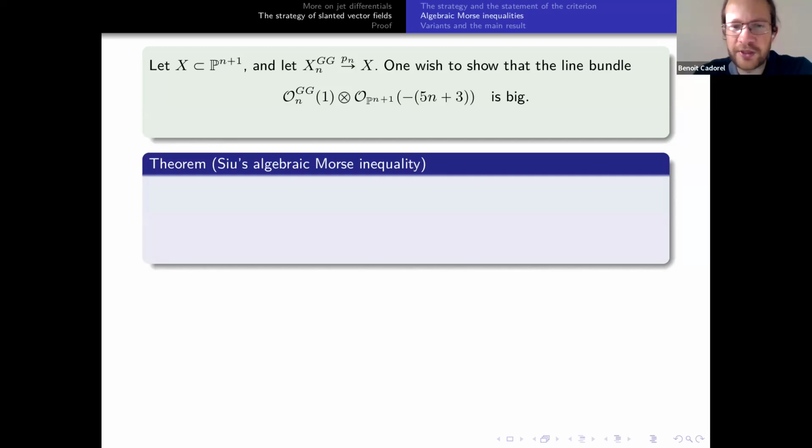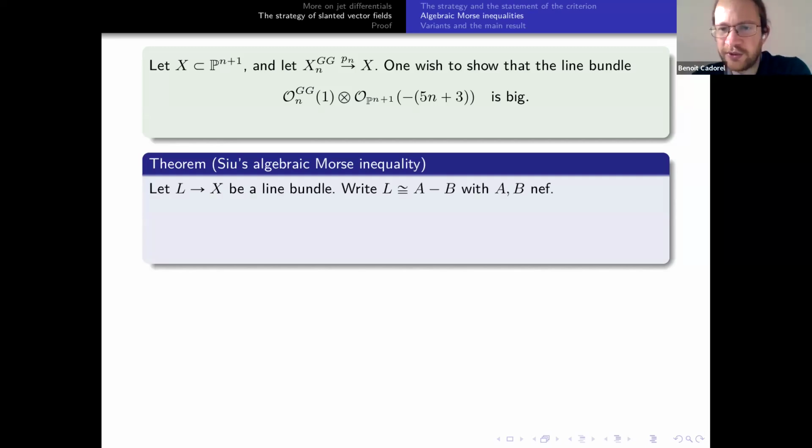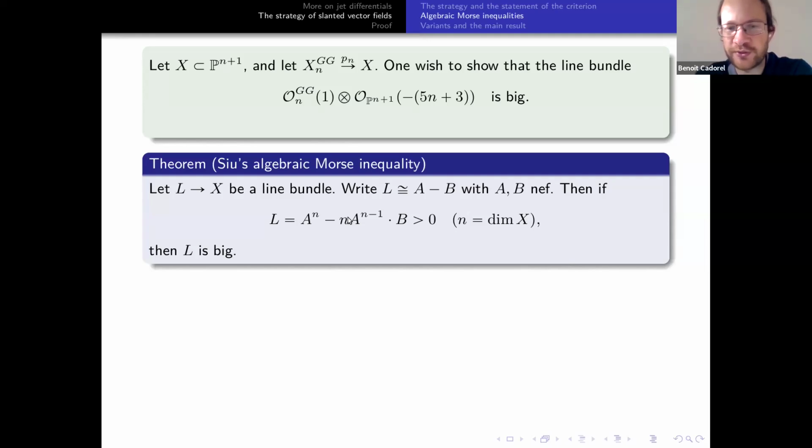It's a famous criterion for bigness, which tells you that if you write the line bundle as a difference of two nef line bundles, A and B, and if you have positivity of this intersection number computed with this A and B, then L is actually big. So this is very famous. You might find it in Lazarsfeld's book, for example.